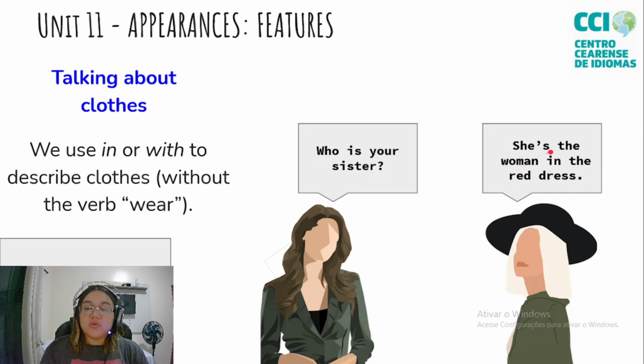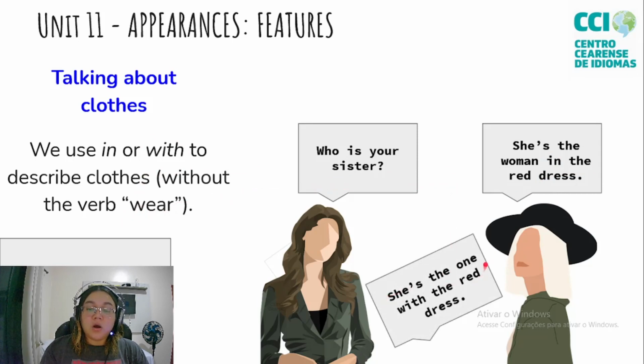So if we use only the preposition in or with, we don't have to use the verb wear. Another way she could answer is, she's the one with the red dress. See, she didn't use in, she used with. These are the two options, in or with, to talk about clothes.